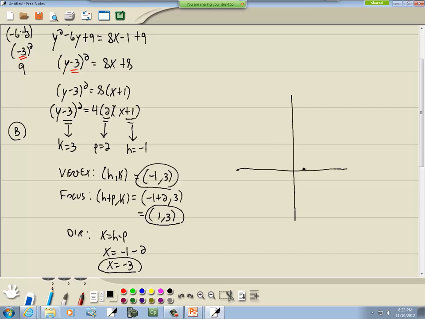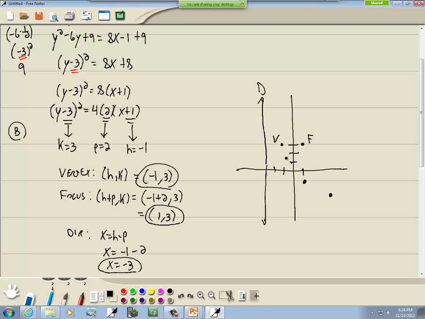Let's see, -1, 3, that'd be our vertex. Focus is 1, 3, which is right there. And directrix is x equals -3, which is right there. I'll plot points, looking for them equal distance from the focus to the directrix. That probably is good enough.